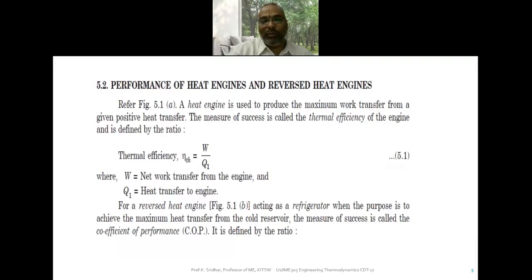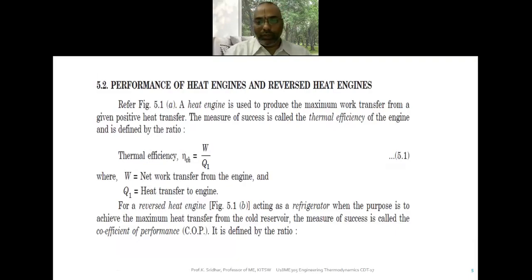The performance is measured in terms of the thermal efficiency. Normally, efficiency is nothing but output by input. In this particular case, the thermal efficiency is the work done by the heat supplied. Work done is denoted by W and the heat supplied to the heat engine is Q1. So W by Q1, that is the efficiency, expresses the performance of the heat engine.